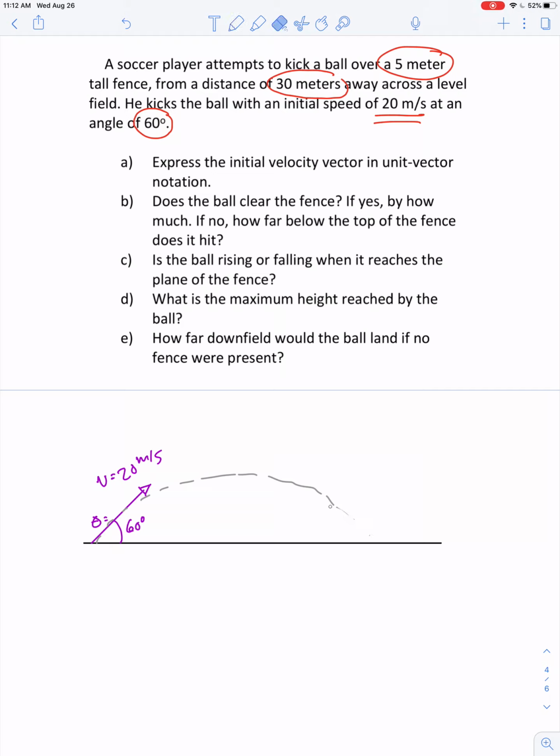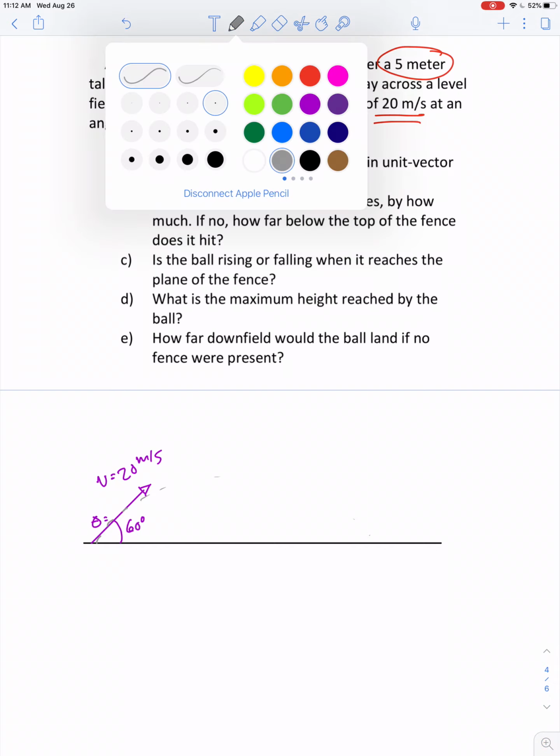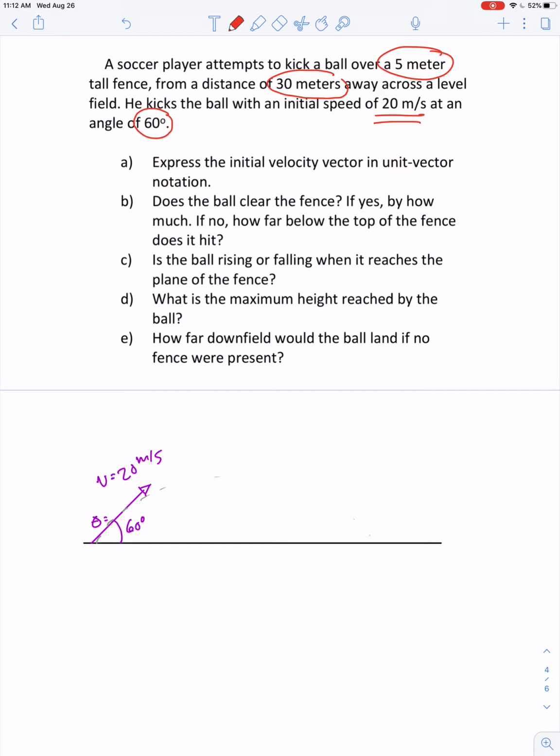See, if we read this problem again, it's telling us that there's a fence in the way. So somewhere downrange, at a distance of what, 30 meters away, there's a fence that's 5 meters tall.